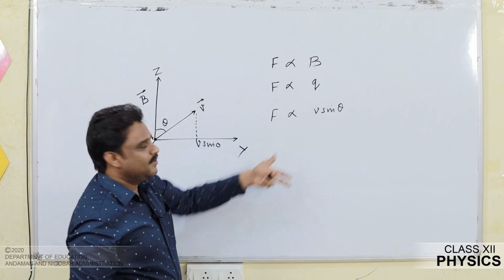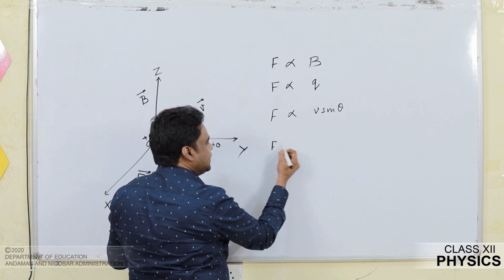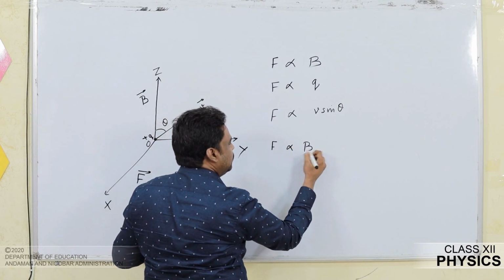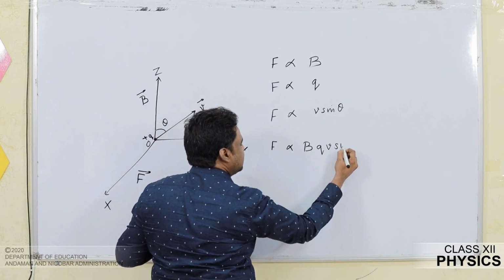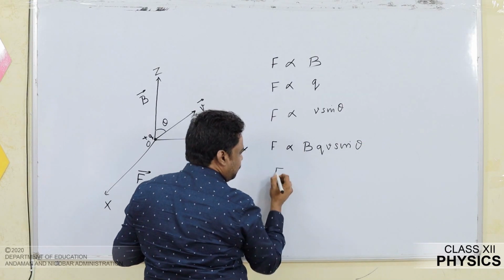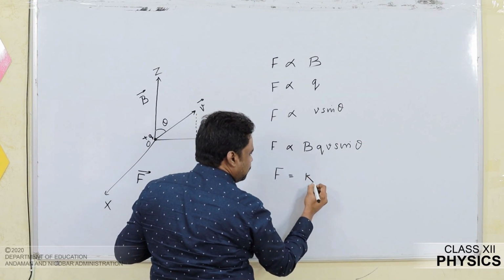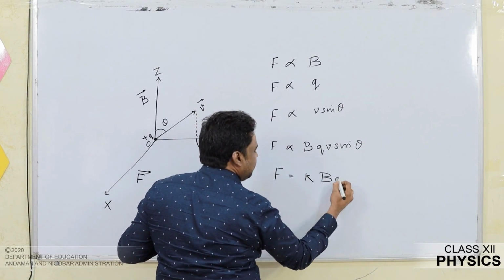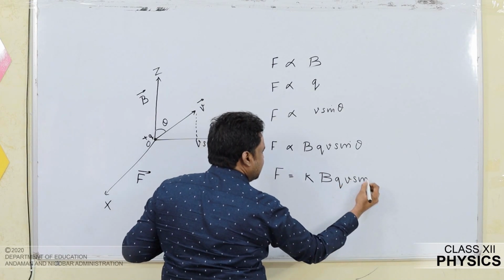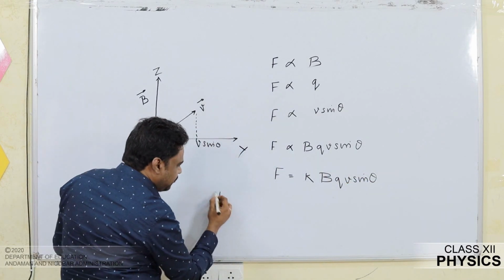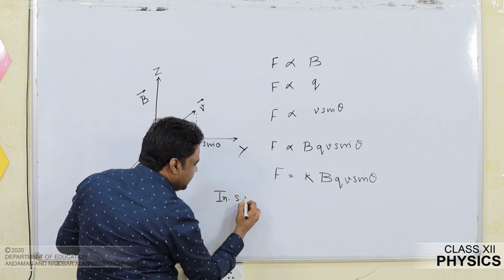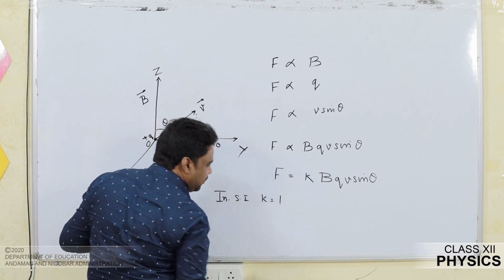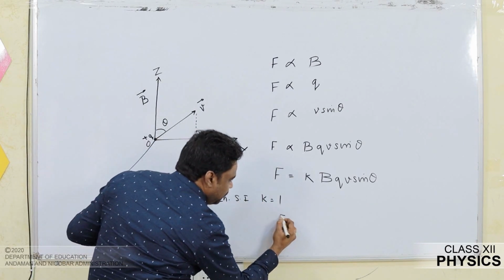I think you can club all three terms. What I get is F is proportional to B Q v sine theta. Removing the proportionality and putting in a proportionality constant, it will be K B Q v sine theta. In SI, the value of K is found to be 1.